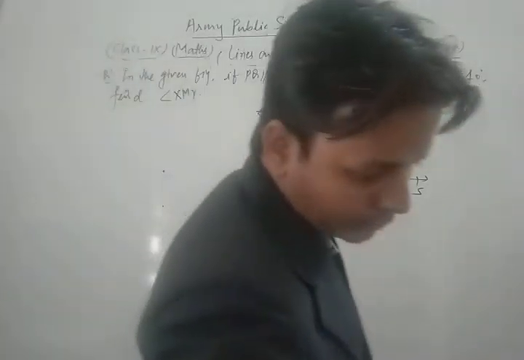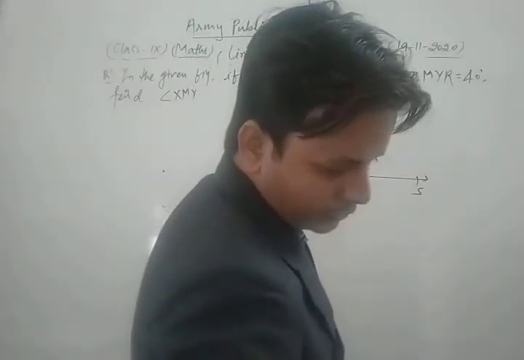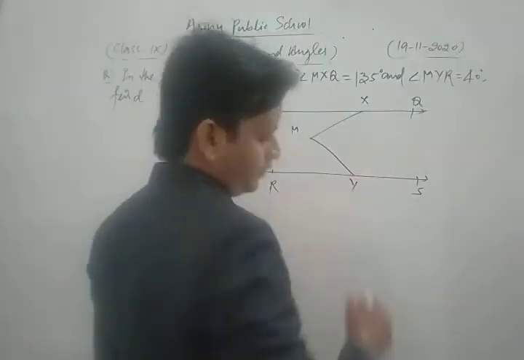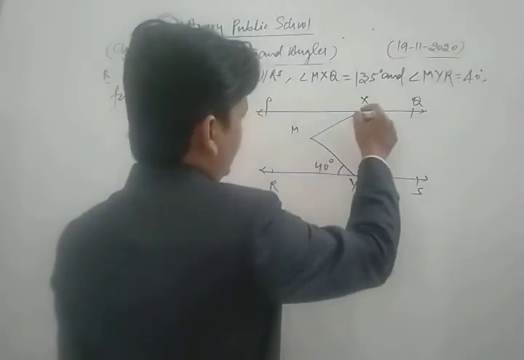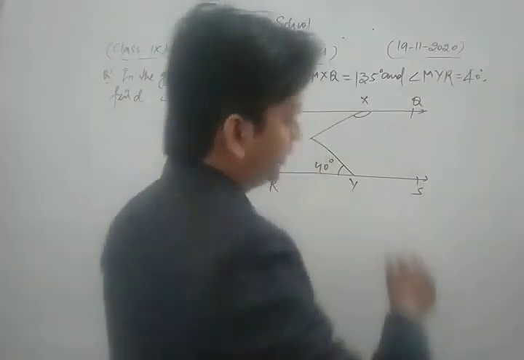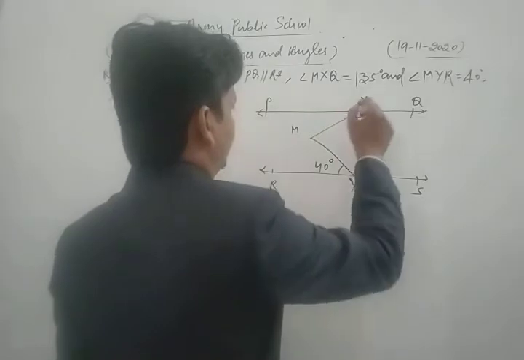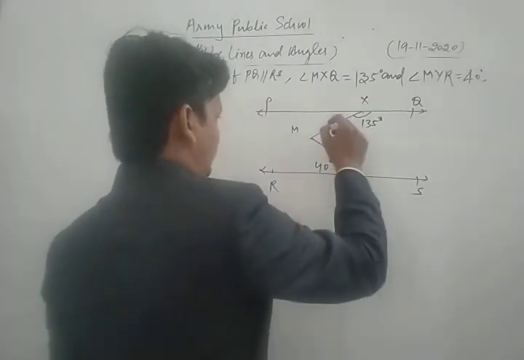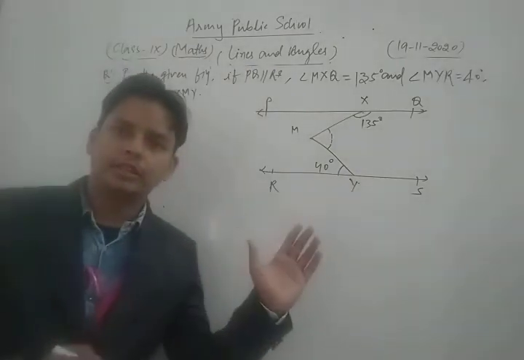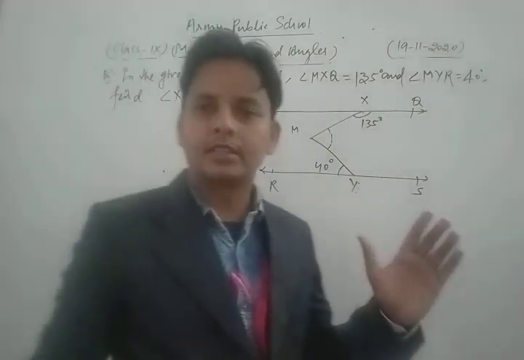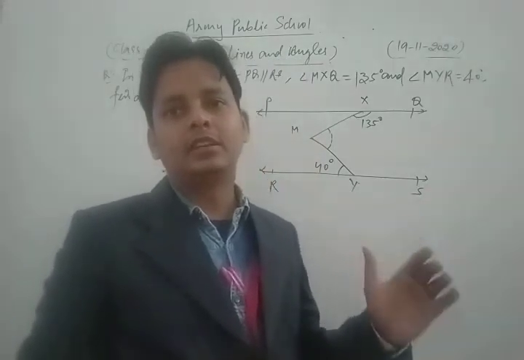This is M, this is X, this is Y. This is 40 degree and this is 135 degree. We find angle XMY. This is the question here. This is one of the most important questions of your NCERT exercise. Now let's see its solution.